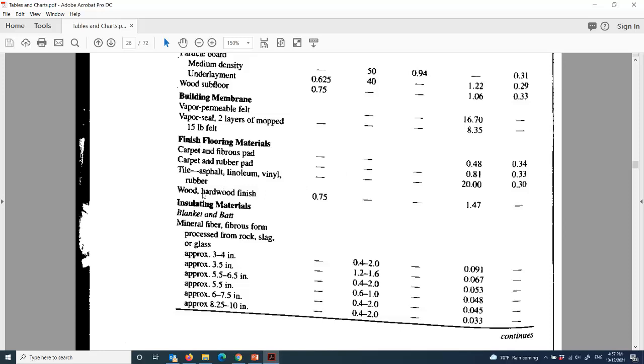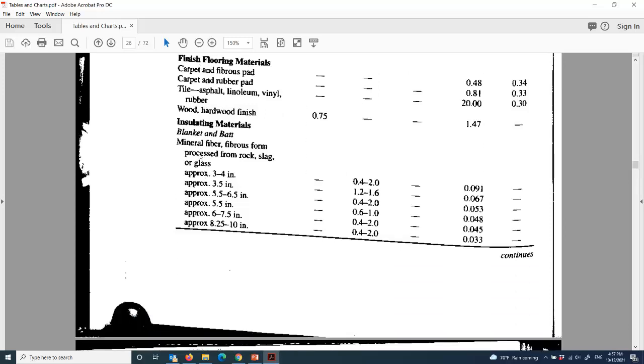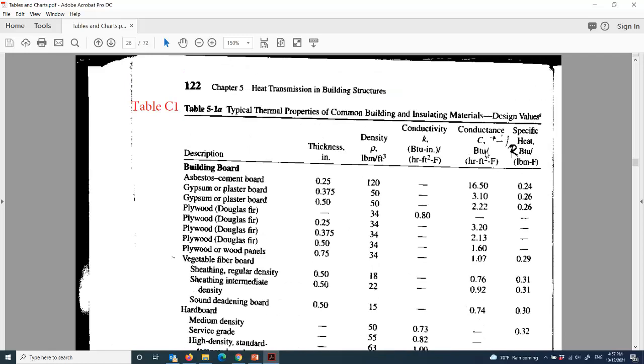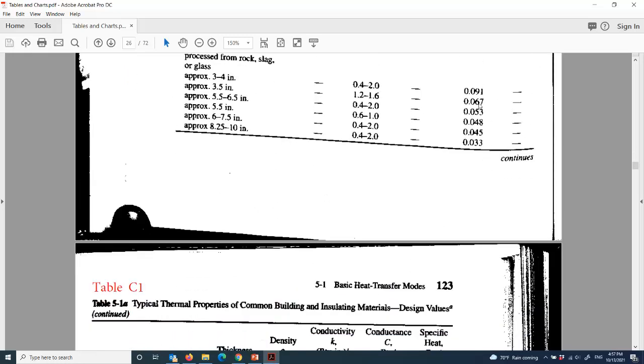If you have floorings, or insulation with different thicknesses, there you have the U value or the conductance C, because the thickness is right here, like 3.5, 5.5, 6 to 7. They take the average for those ranges, or exactly 5.5. That's why you have the U value or the conductance.